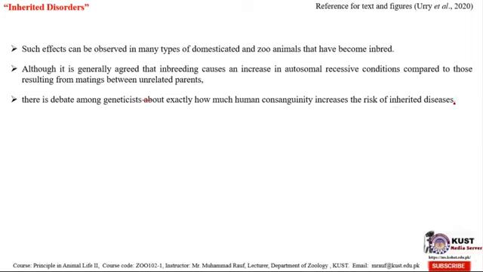Studies have been performed around the world as well as in Pakistan, and so far there is not a specific figure which could point towards the risk involved in having children affected with genetic disorders in case of consanguineous marriages. So we don't have a specific figure which gives us an idea about how much risk is involved in human consanguinity.